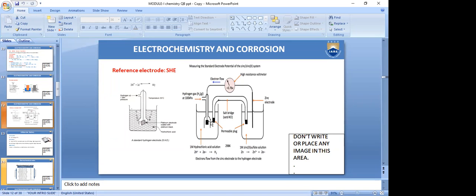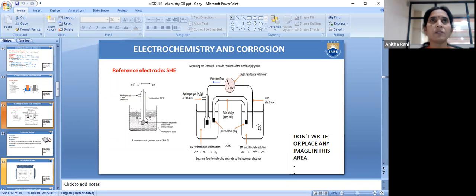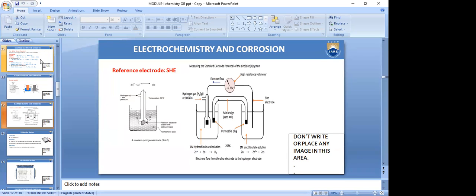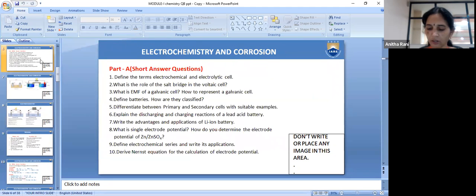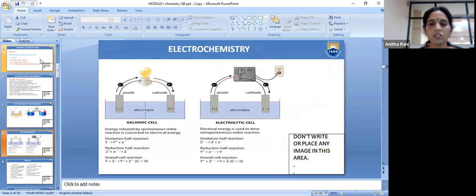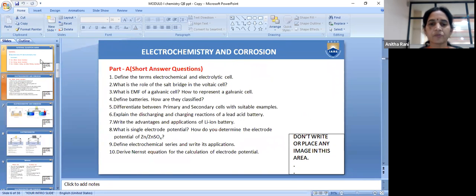So E cell is equal to 0 minus, and we write here, 0 minus 0.76, and then you can calculate E cell. Yes or no? So to determine the electrode potential of zinc, you have to draw the diagram with the SHE, then you can write.